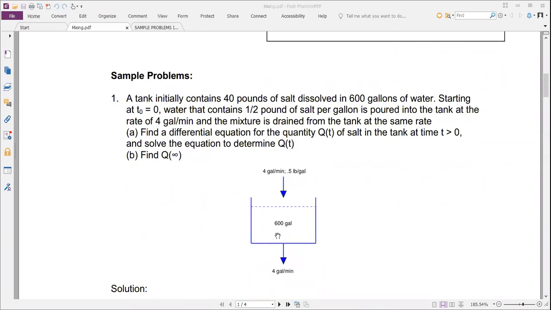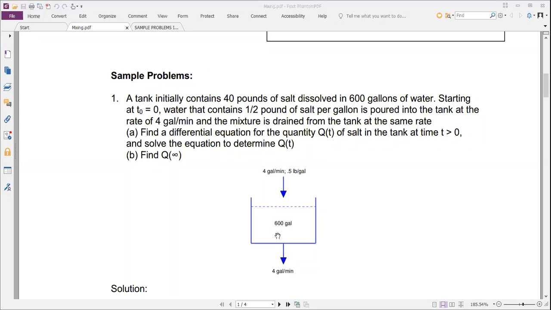Now, in sample problem number 1, we are given a tank initially containing 40 pounds of salt dissolved in 600 gallons of water. Starting at time equal to 0, water that contains 1/2 pound of salt per gallon is poured into the tank at the rate of 4 gallons per minute, and the mixture is drained from the tank at the same rate.